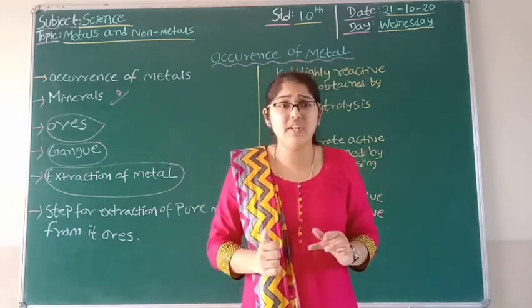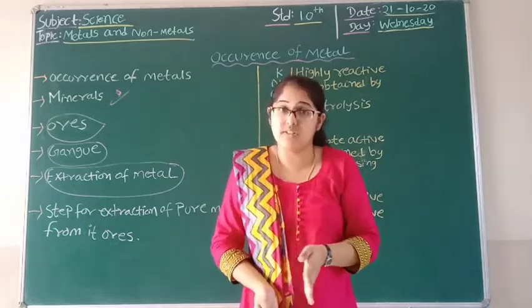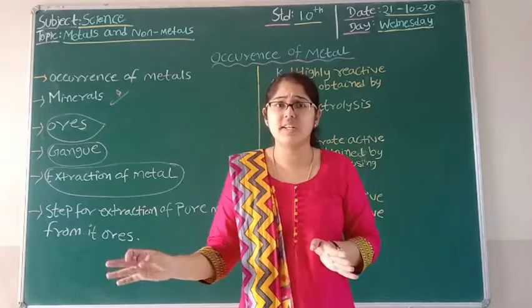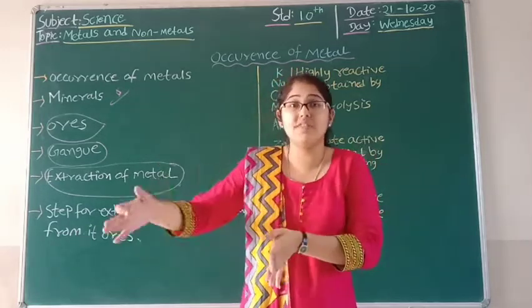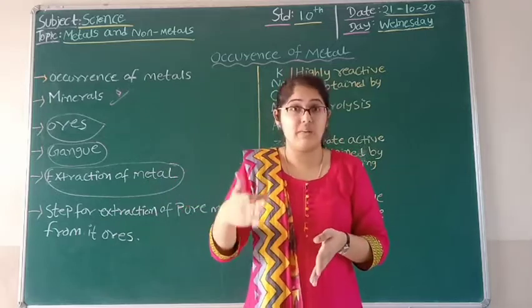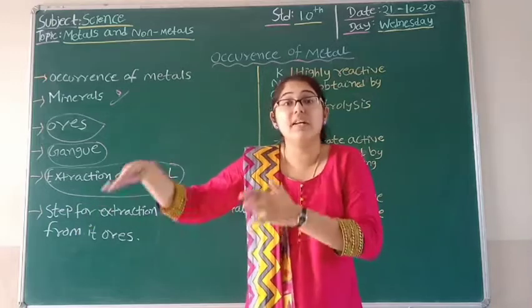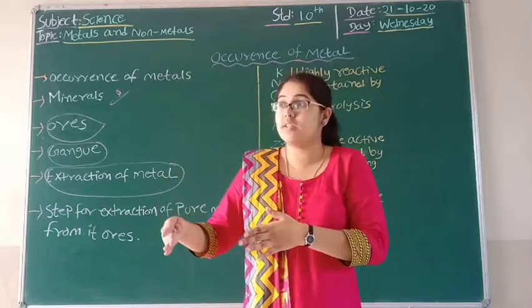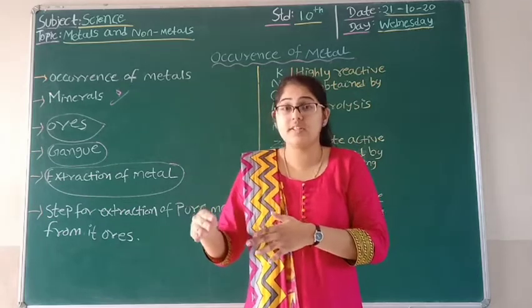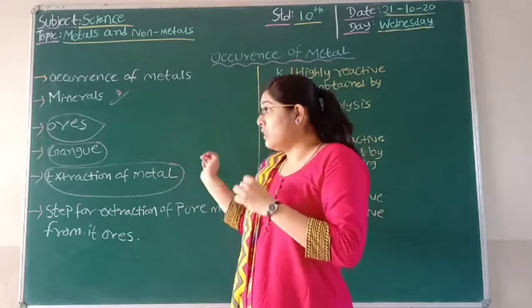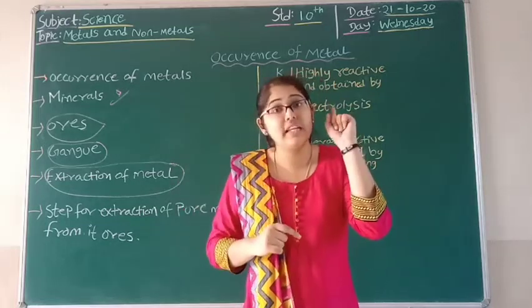For that we first need to understand the reactivity of metals. Yes students, we know there are metals in different states, but their properties are different. As we have seen in the chemical properties, their reactivity series are different. In the reactivity series there are three types of reactivity. Some metals are very highly reactive.